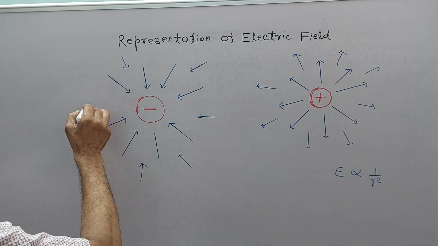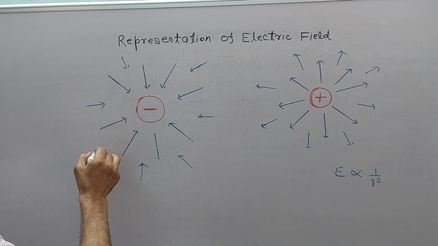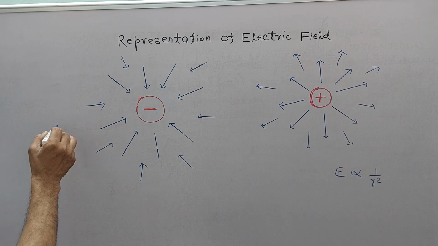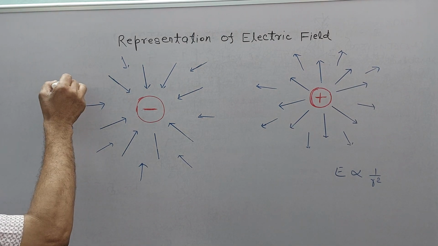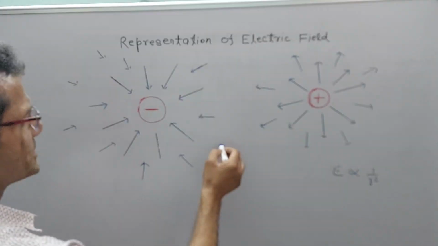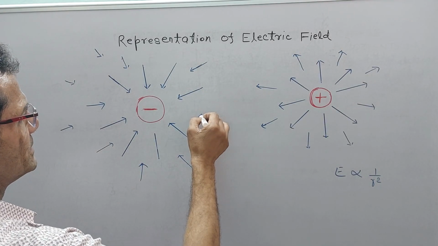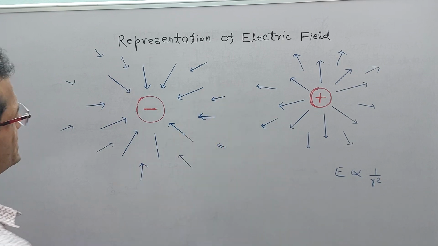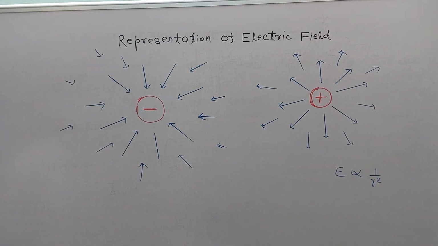These are the field lines. In this way we can express direction and magnitude. Again, if I go away from this one, the length of the vectors will be very small. So these are the representations of the electric field in magnitude and direction.